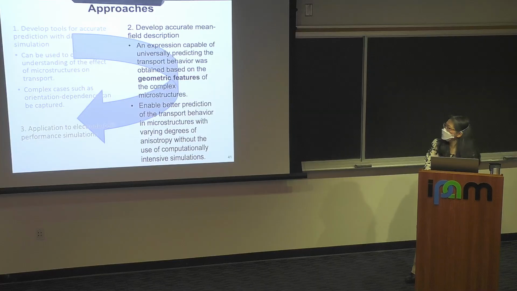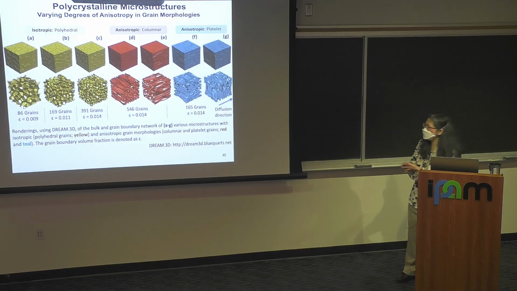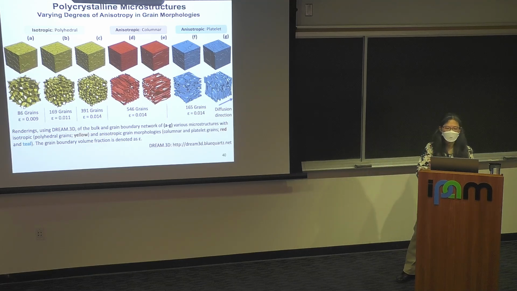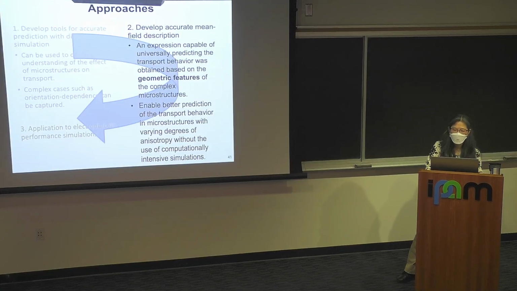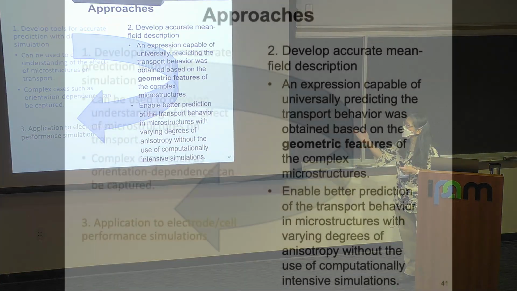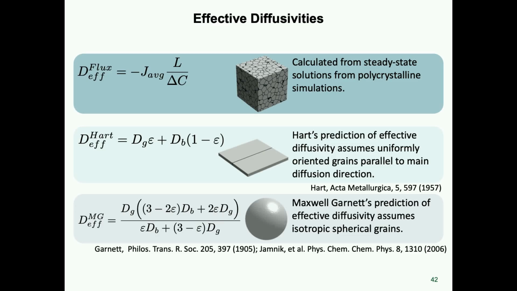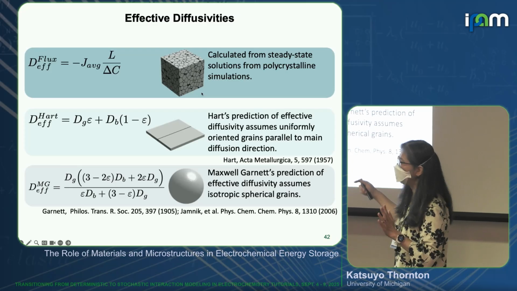So with this, we evaluated what the effective transport properties of the system are, and now we want to compare with a coarse grain model. And the pre-existing coarse grain models are these. This is actually how we calculate it.